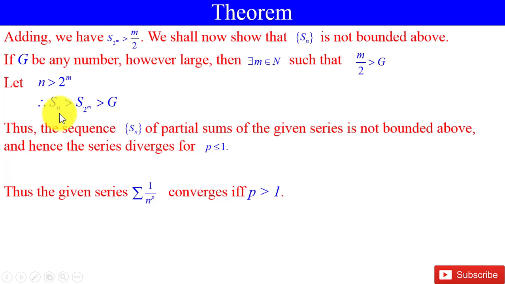So, S_n is greater than S_(2^m), which is greater than G. Thus, the sequence S_n of partial sums of the given series is not bounded above, and hence the series diverges for p less than or equal to 1. Thus, the given series sigma 1 by n raised to the power p converges if and only if p is greater than 1. This proves the theorem.